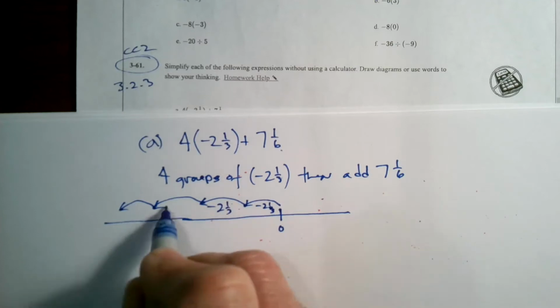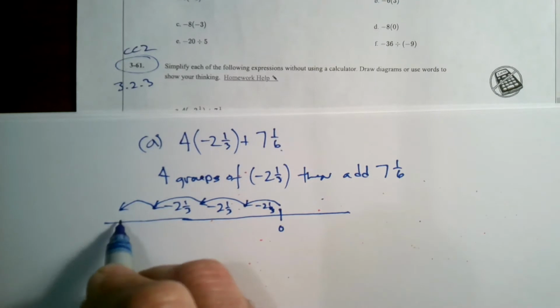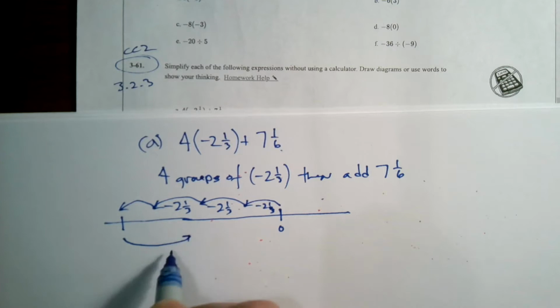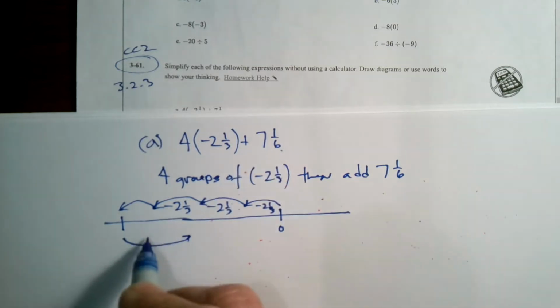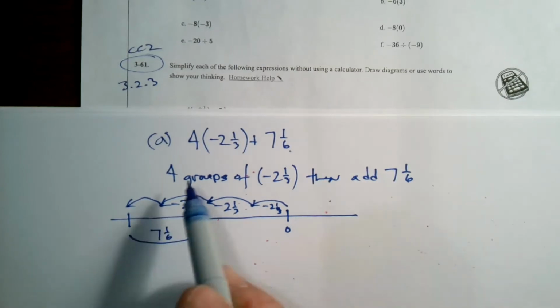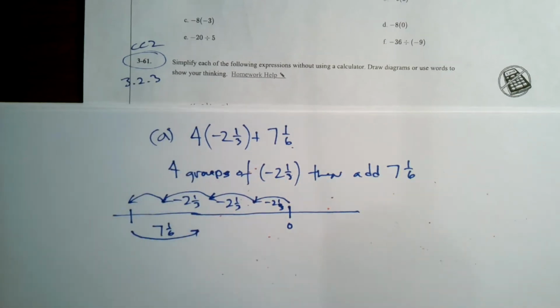Once I land here, I hop back in the positive direction because I'm adding 7 and 1/6. That's visually what it would look like on a number line, and this is in words what we're dealing with. Now let's do the math.